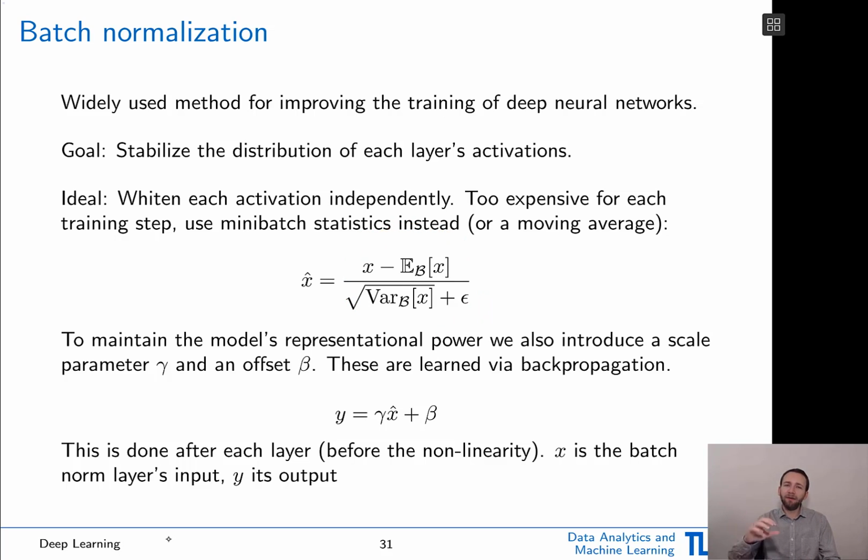We have seen this at the very beginning of this lecture, where we said it's always a good idea to standardize, to normalize the features. And intuitively, batch normalization is doing this. Why is it called batch normalization? It's called batch normalization because it's often done only on the batch, right? We are usually doing stochastic gradient descent, so we don't operate on the full data, but only on a subset, on the mini batch of your data.